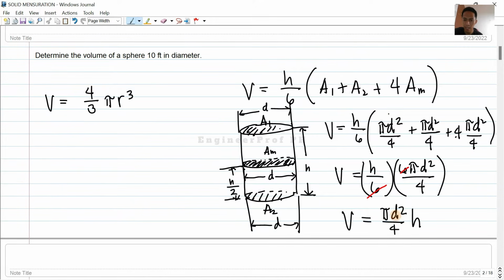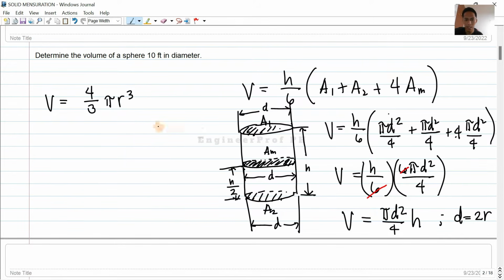Our d, we can express in terms of radius. The diameter is just equal to 2 times the radius. So if you substitute, small letter d is just equal to twice the radius.